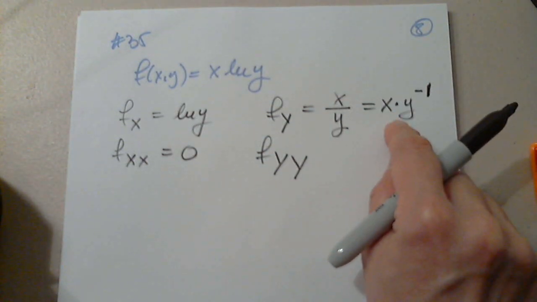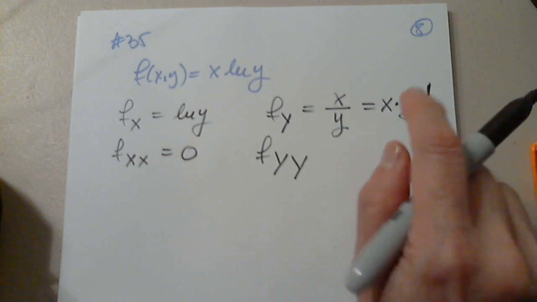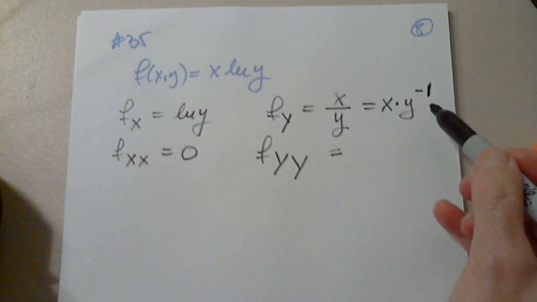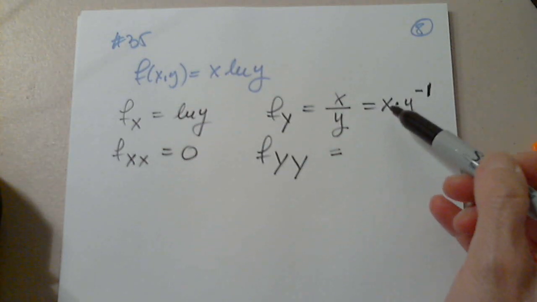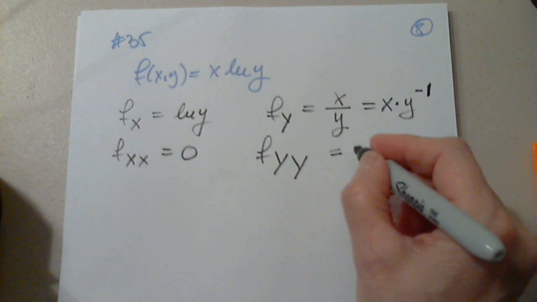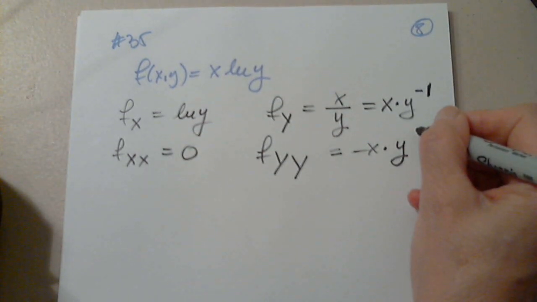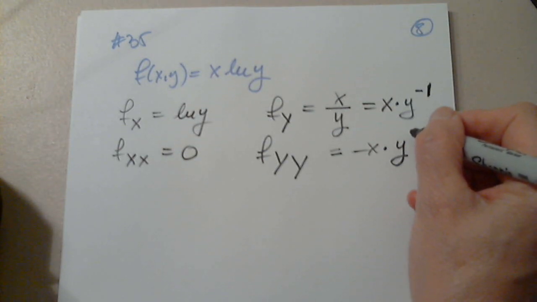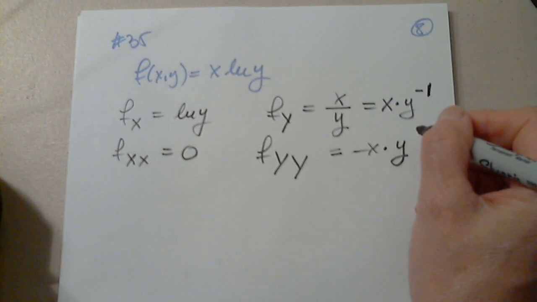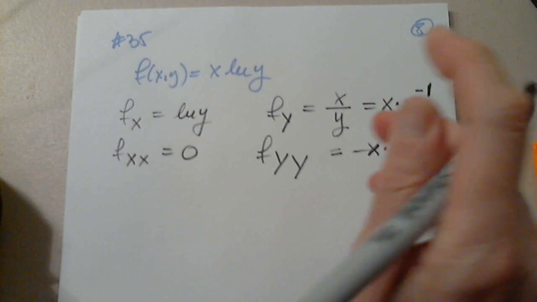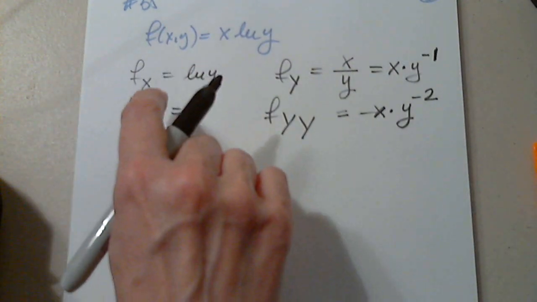So we're differentiating this only with respect to y. -x times, we have to subtract 1 from the power. -2. That's it.